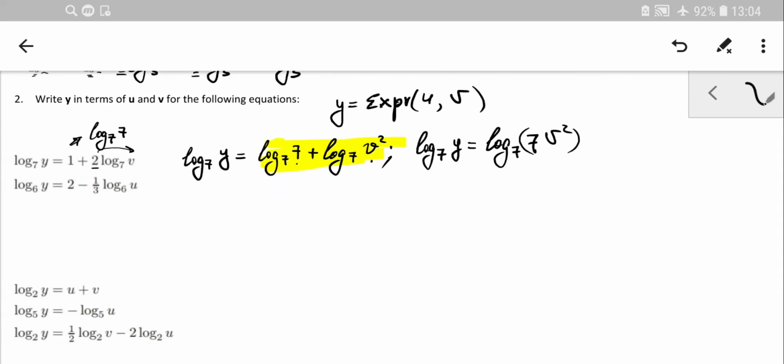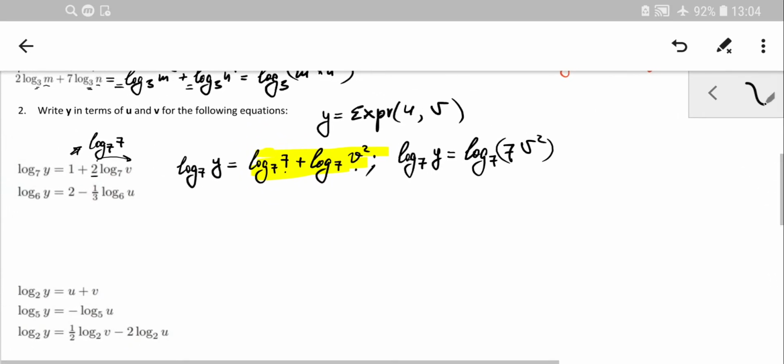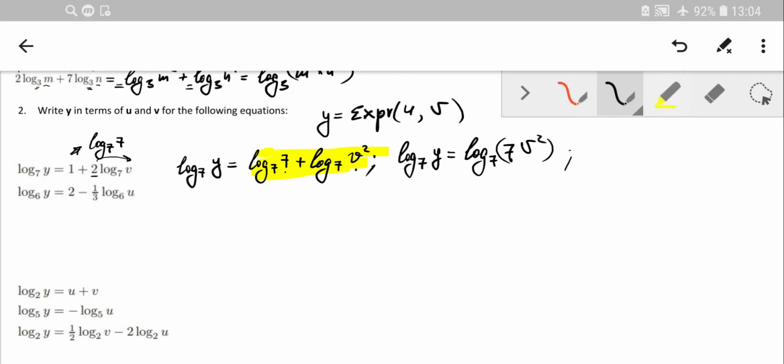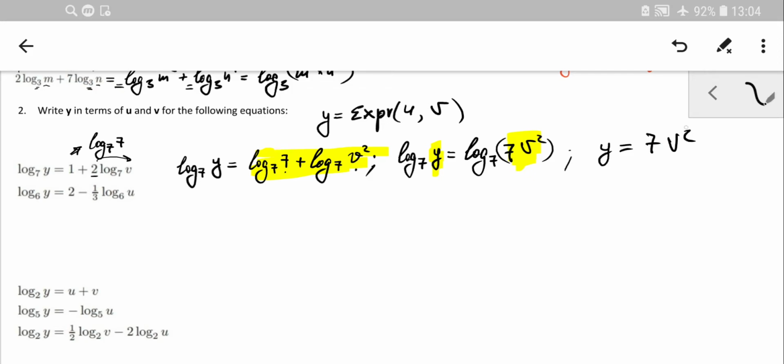From here I can easily figure out y, because the logs with base 7 are the same, so all internal expressions, y and 7v squared, will be equal to each other. So y is going to be 7v squared, and that's the final answer.